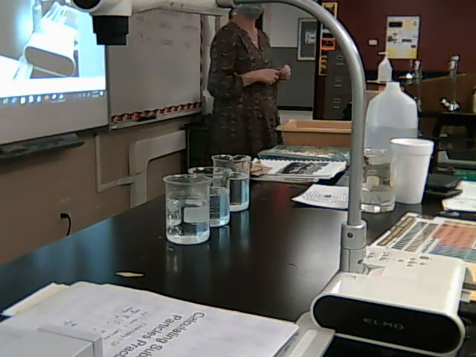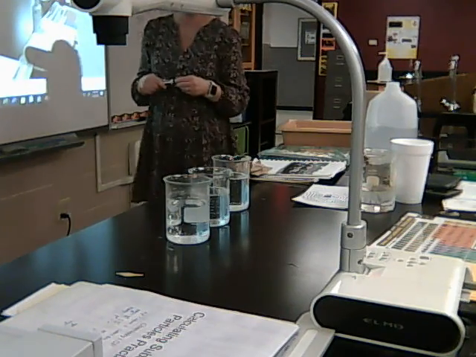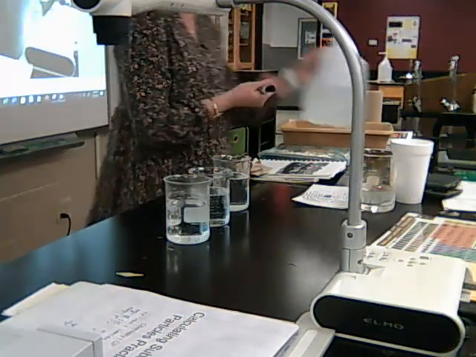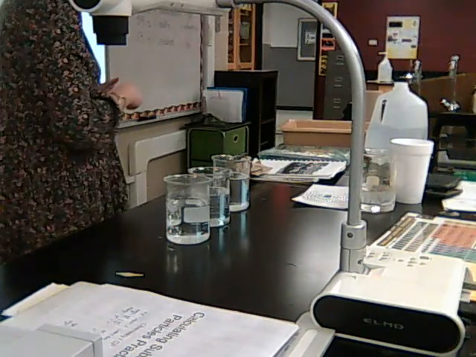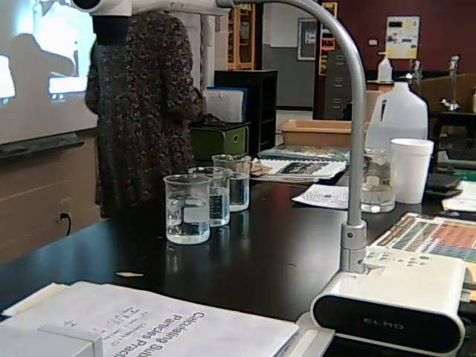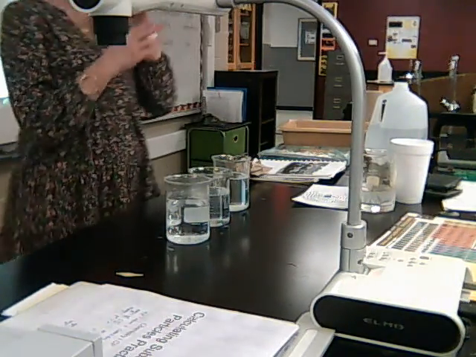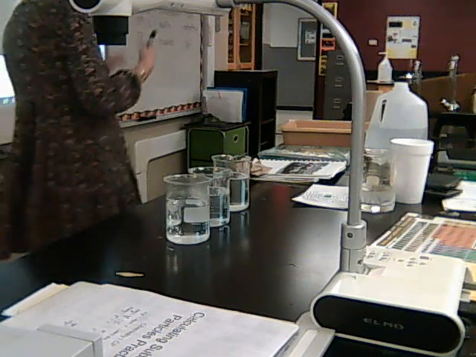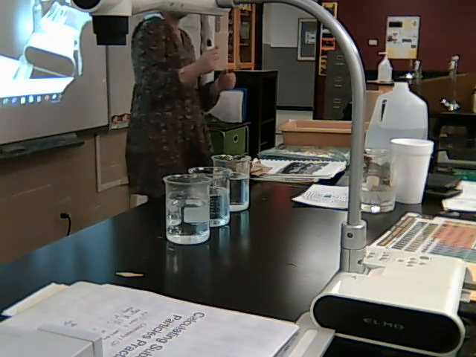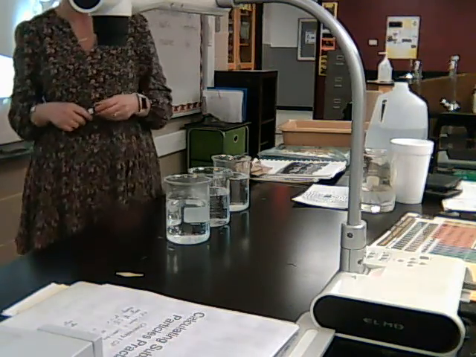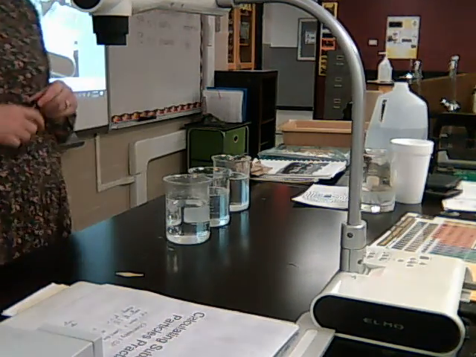What else did I keep the same? I use the same type of water. I use distilled water in every one, okay? What else did I keep the same? The number of tablets. I used one tablet in every beaker. Very good. So you could say the number of tablets or the amount of Alka-Seltzer. Because remember, I broke them on the same package and everything to make sure I had the same amount in every one.